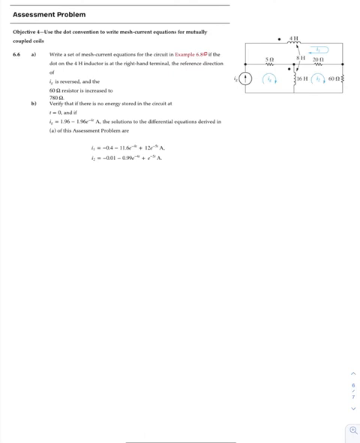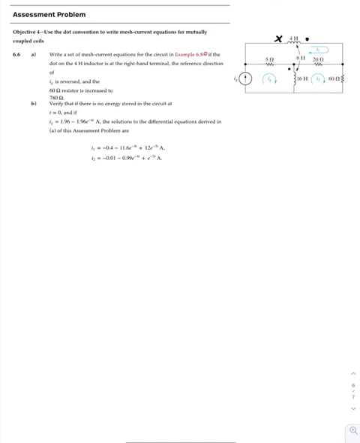Okay, write a set of mesh current equations for the circuit in example 6.8 if the dot on the 4 Henry inductor is at the right hand terminal. Okay, so we're changing this dot and we're saying it's on the right hand terminal.